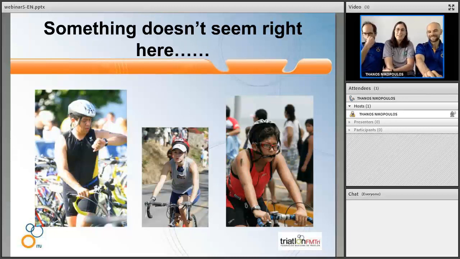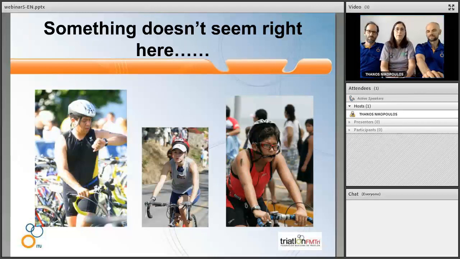Yeah, there are a few things wrong with these photos. You'll see that the individual who's looking at his watch obviously doesn't feel confident in the timers, but his helmet isn't done up and he is in possession of his bike. So he would have to do his helmet up before he touched his bike.